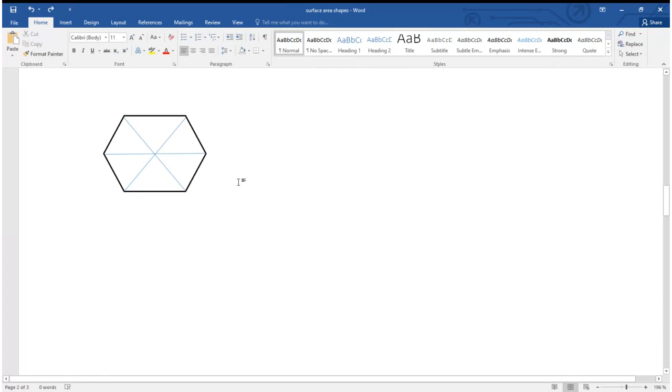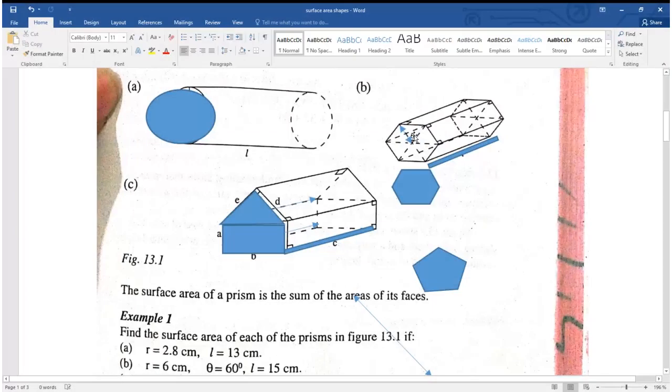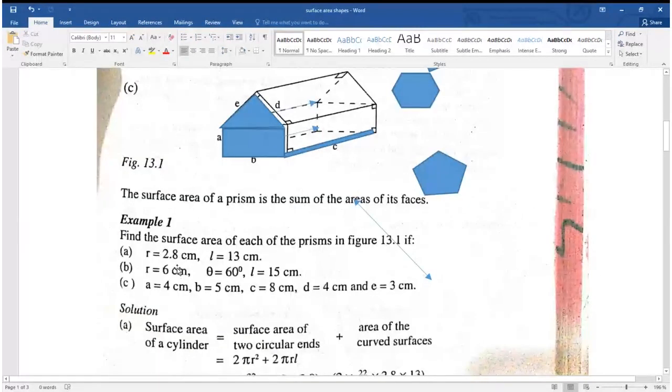We have been told here is something called theta. I want to delete this line, so you can see where theta is. Okay. So we have been told theta is 60, radius is 6. So I'm going to show what radius is and where theta is.